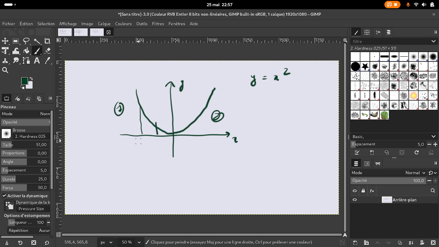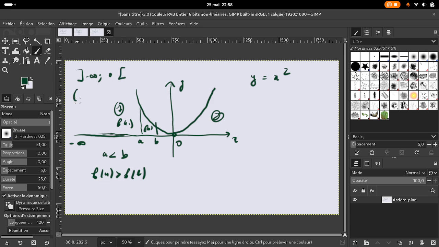If I take two numbers a and b, I have a strictly lesser than b, and I have f(a), f(b), and I see that f(a) is strictly over f(b), it is decreasing. And it is decreasing on which interval? We see that it is decreasing on the interval minus infinity, 0. I know that in the USA you have a notation like that.